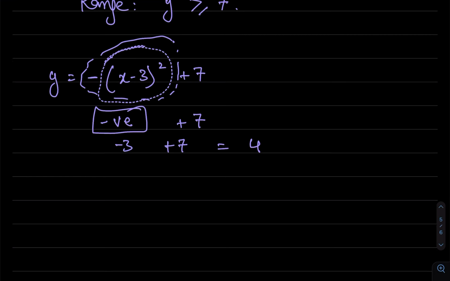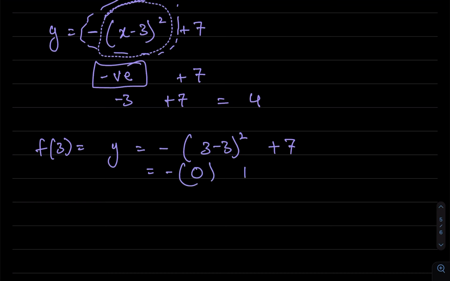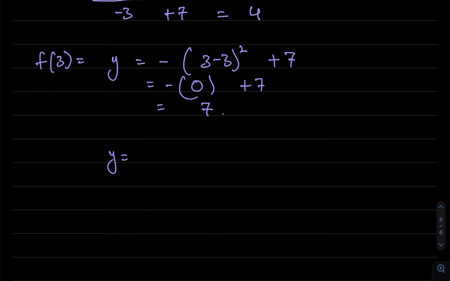And why is that? Let's say for a moment that you inputted 3 into the function. What did you get? You got y equals negative of 3 minus 3 squared plus 7, which is negative times 0, which is 0, and 0 plus 7 is 7. And if you had inputted any other value, this is our equation, right? It would have multiplied with this negative and become some negative number, okay?